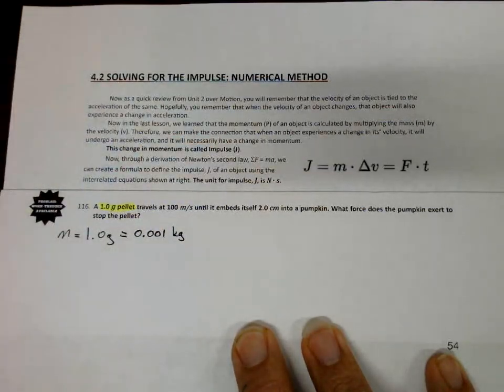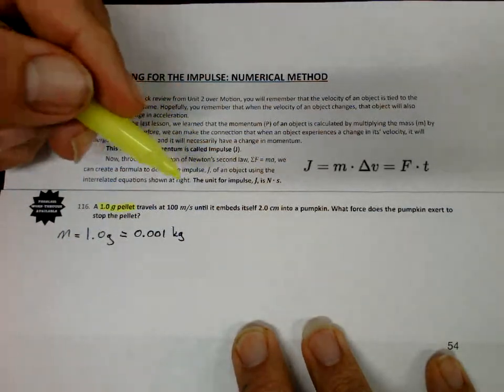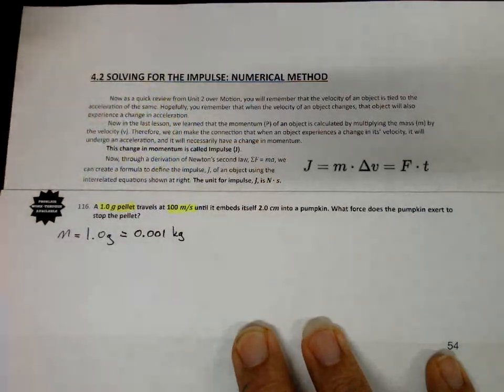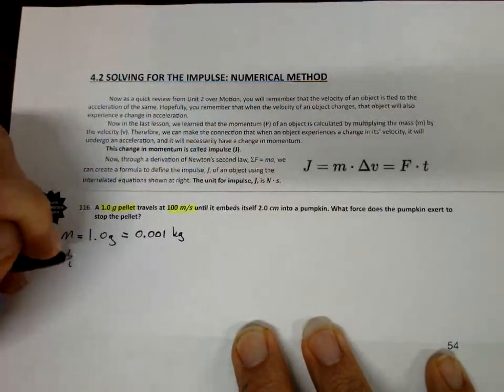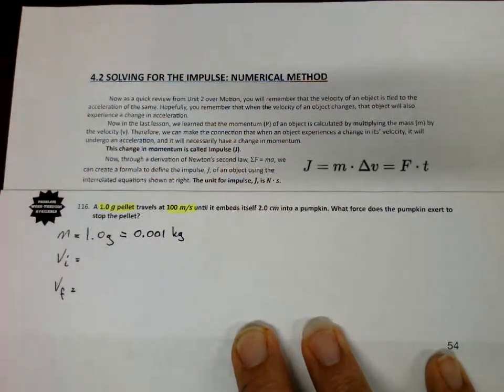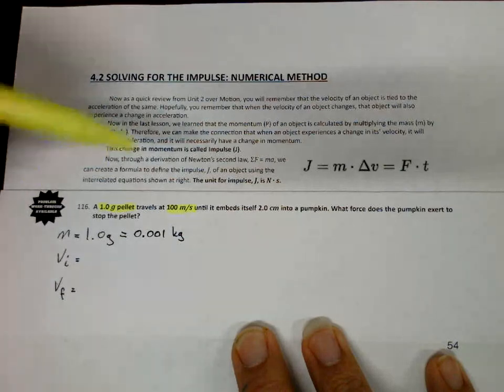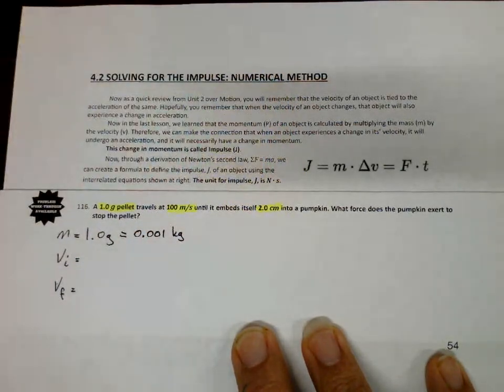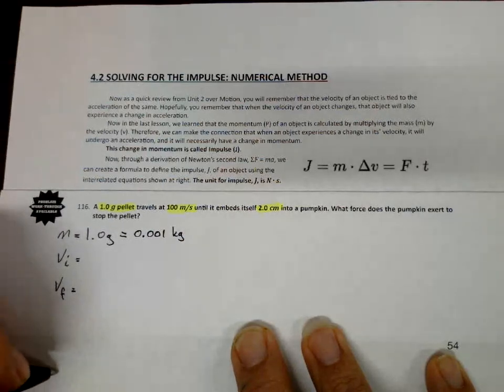Now, this is traveling at 100 meters per second. So that is definitely a velocity, but we don't know if that will be our initial velocity or our final velocity yet. So we'll just hold off on that one until it embeds itself 2 centimeters into a pumpkin. Now, 2 centimeters is a distance.